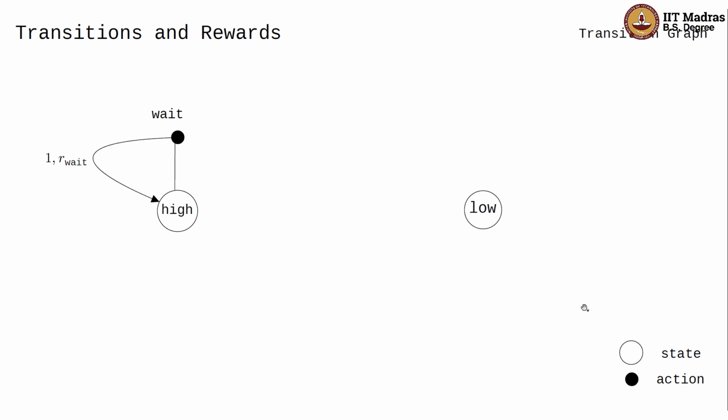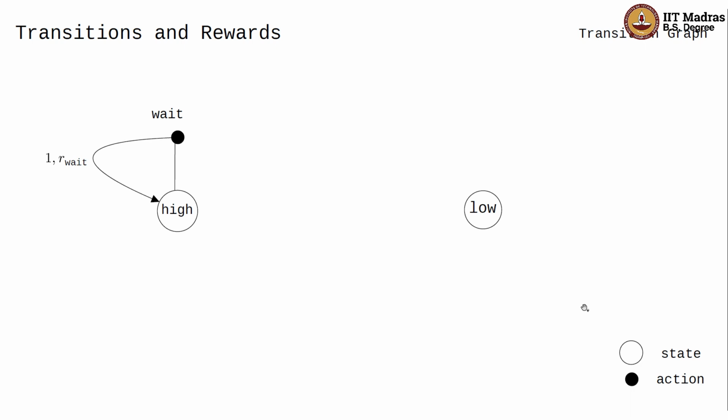On the other hand, if you decide to wait, then you have to be at the mercy of humans who are responsible enough to come and deposit cans into your bin. So the expected immediate reward in this case depends only on the action. However, this is for this particular MDP. In general, the expected reward depends on S, A and S prime.